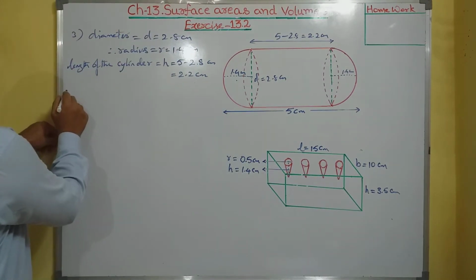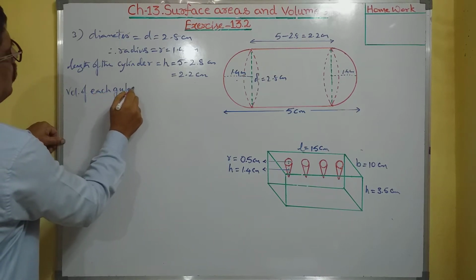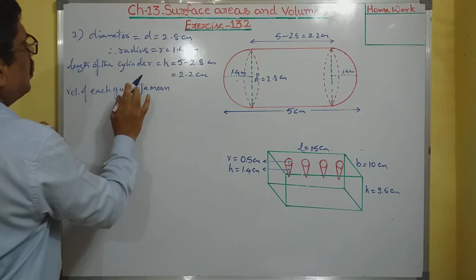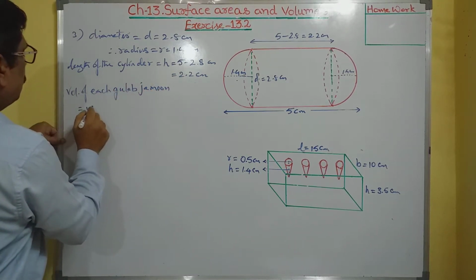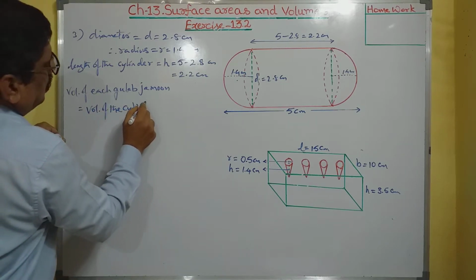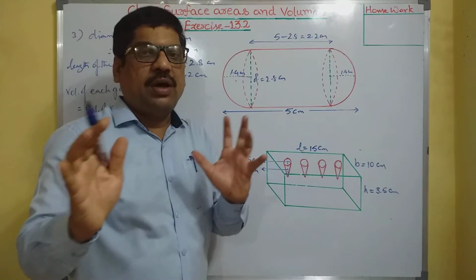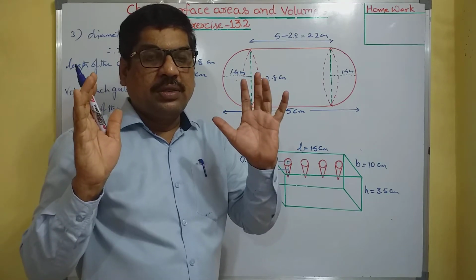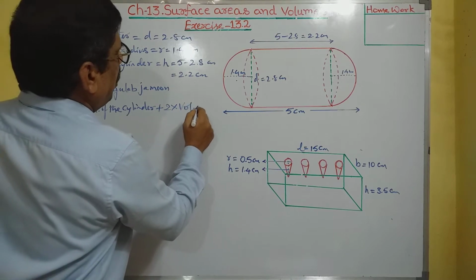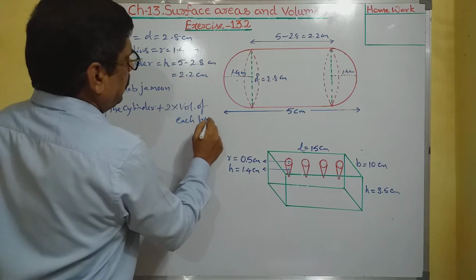In order to find the volume of each gulab jamun, it is equal to the volume of the cylindrical portion plus there are two hemispheres at the ends of the cylinder, so 2 into the volume of each hemisphere.